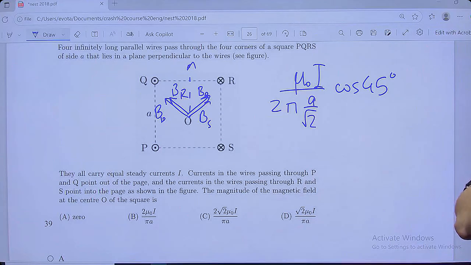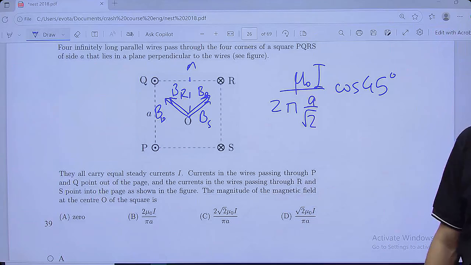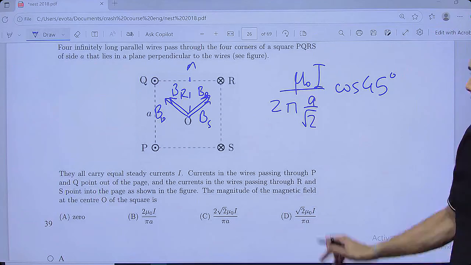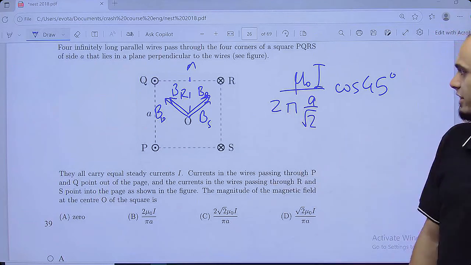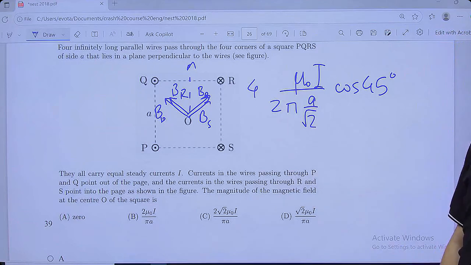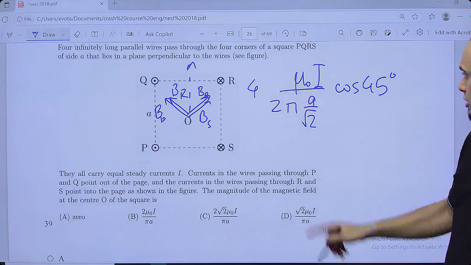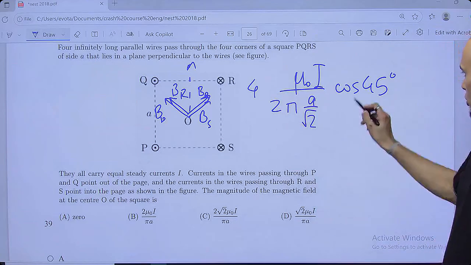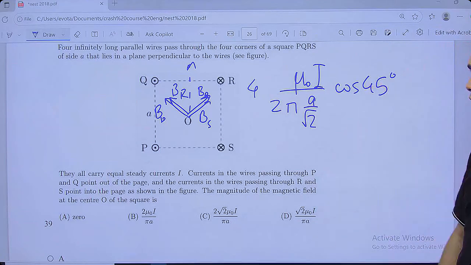Is it clear or not? Tell me quickly. 2 and root 2 will get cancelled and we are multiplying it 4 times. Right? So 2 and 2 will get cancelled, root 2 will go upwards, and cos 45 degrees also 1 upon root 2.